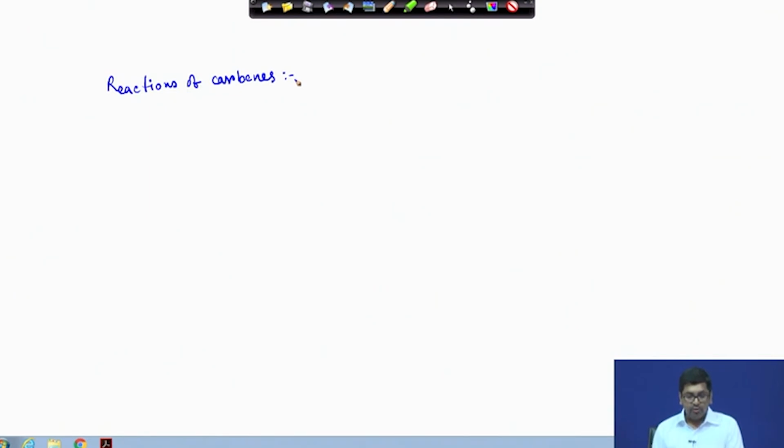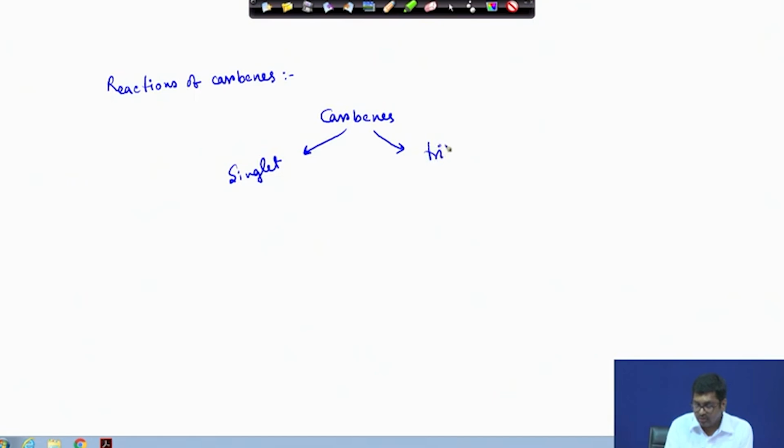If we want to know the reactions of carbenes, as we have already studied, there are two types of carbenes: one is singlet, another is called triplet. So, we have to study the reactions of two different types of carbenes.